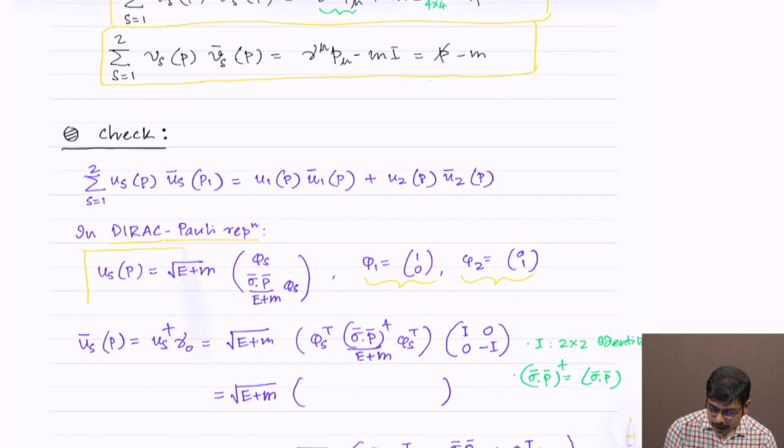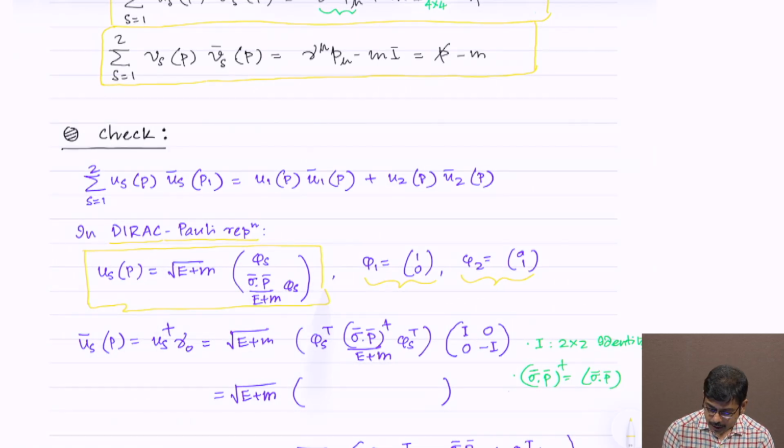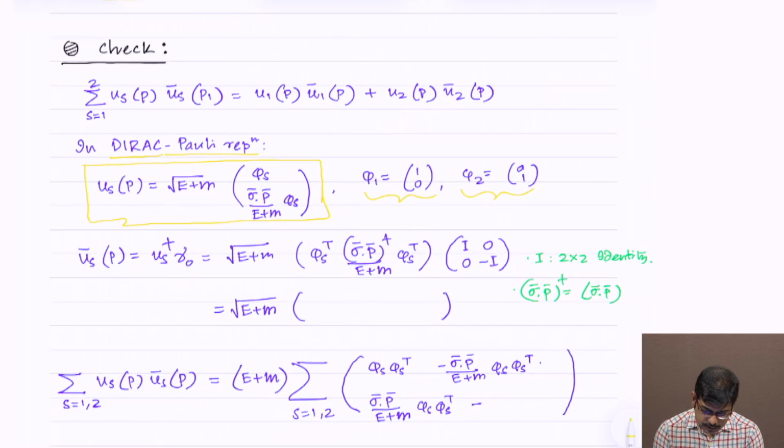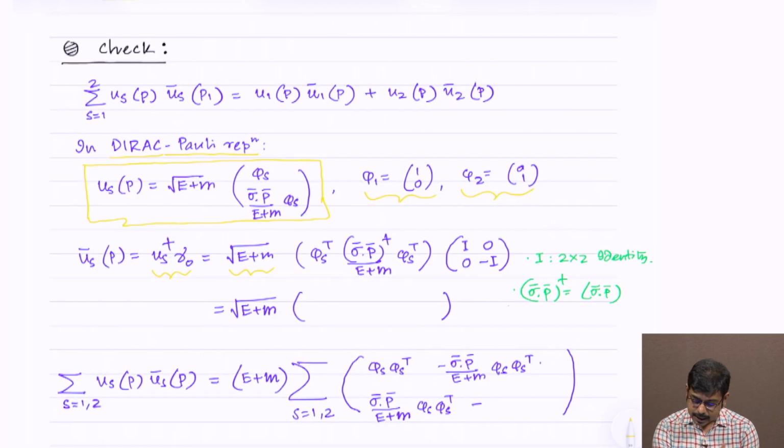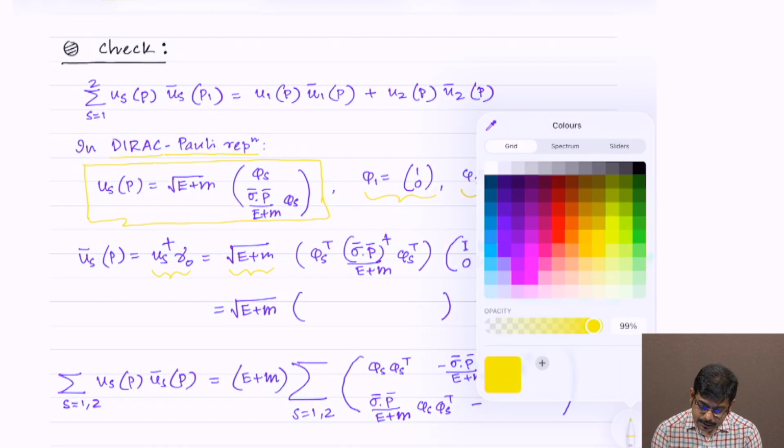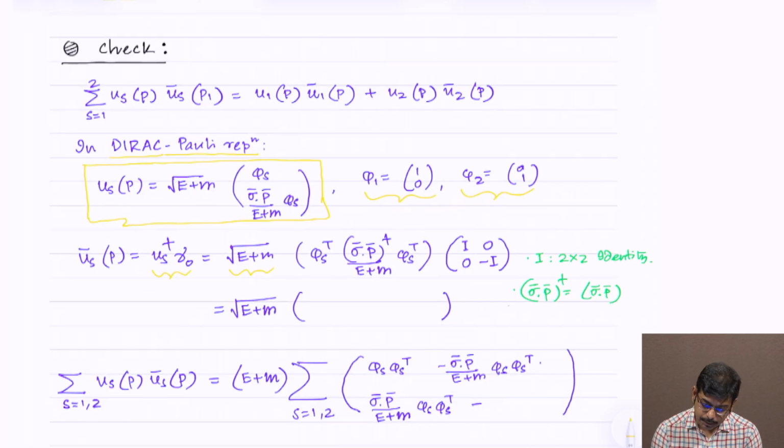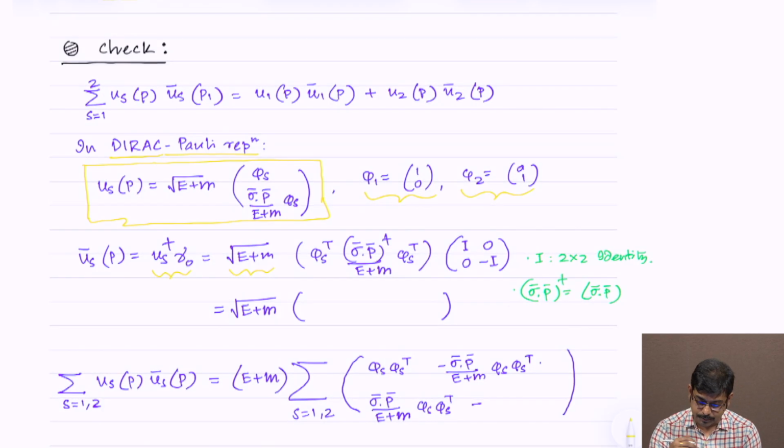Now, once we have U_s(P), we can find out what is U_s bar(P). By definition, psi bar is what? Psi dagger gamma 0, correct. So, this will be U_s dagger gamma 0. What will be U_s dagger? This will be square root of E plus M, which is outside. Phi_s becomes phi_s transpose, because there is no complex number involved here, so this is just the transpose.